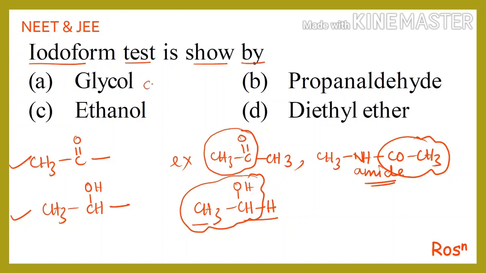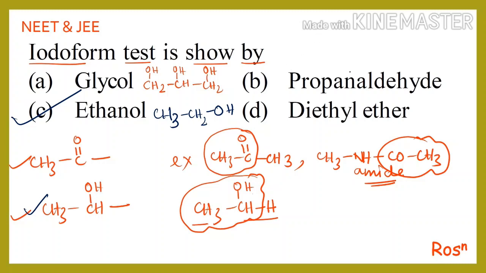Glycerol, which is CH2OH, CHOH, CH2OH. Okay, next see the ethanol, that means CH3CH2OH, which contains CH3CHOH group, so it gives iodoform reaction.